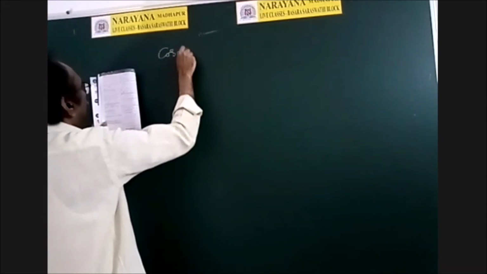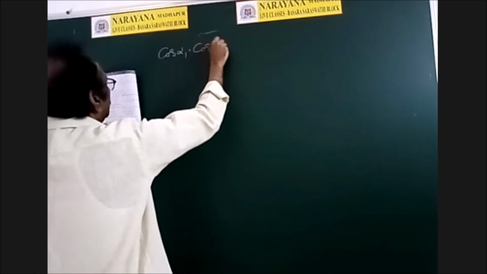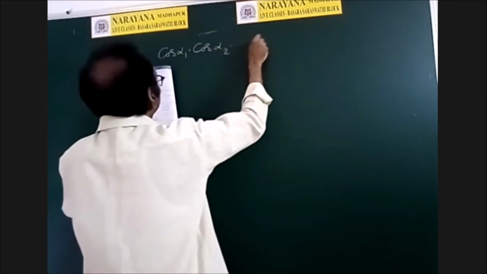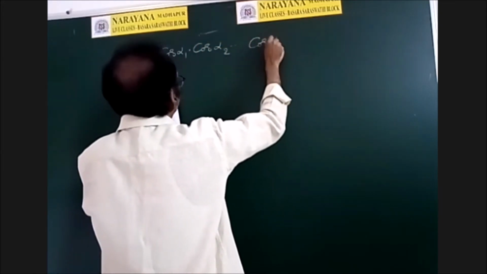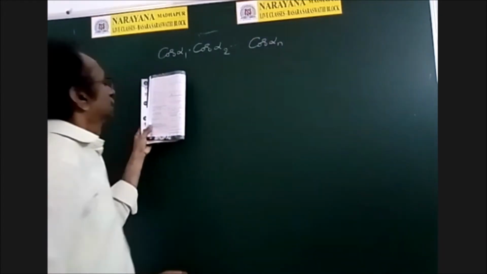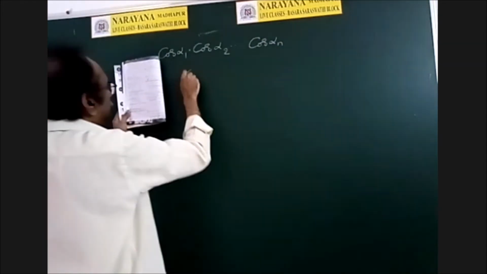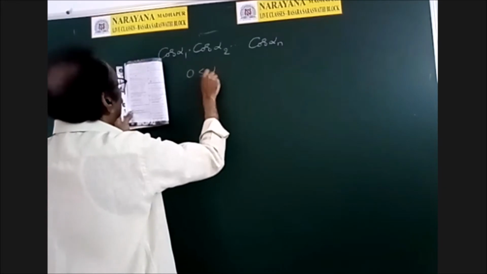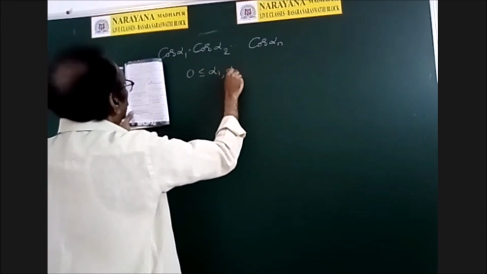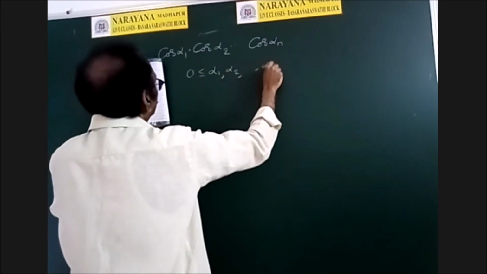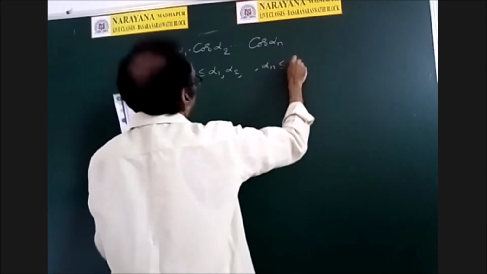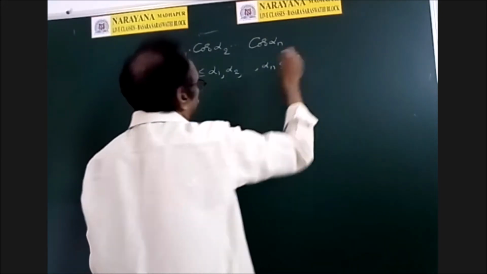So what is the next one? 61. Maximum value of cos alpha 1, cos alpha 2, and so on, cos alpha n, under the restriction 0 less than or equal to alpha 1, alpha 2, so on alpha n less than or equal to pi by 2.